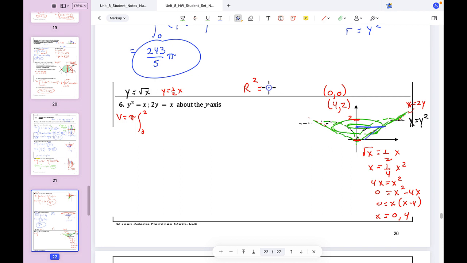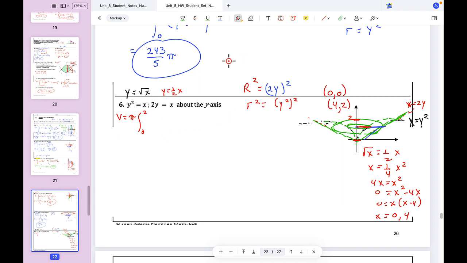So that's going to be 2y squared. And then little r squared is just here, and this curve is y squared. So it's going to be y squared squared.